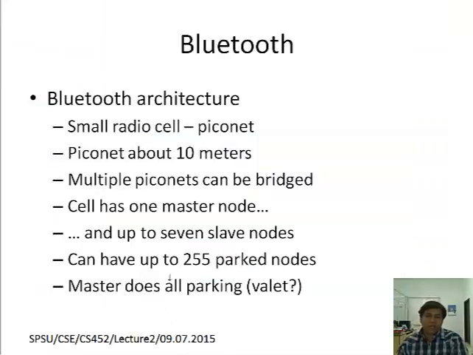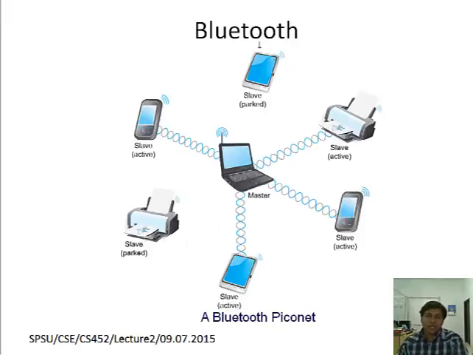Now the master is involved in parking of all inactive and active Bluetooth devices. You can see this is a Bluetooth network, a Bluetooth piconet, and these are different slaves. In this PAN topology, these slaves are directly connected to this particular master and the remaining are in park state.